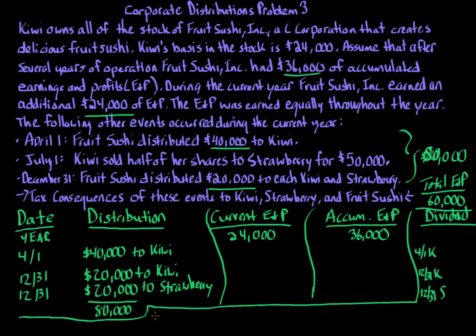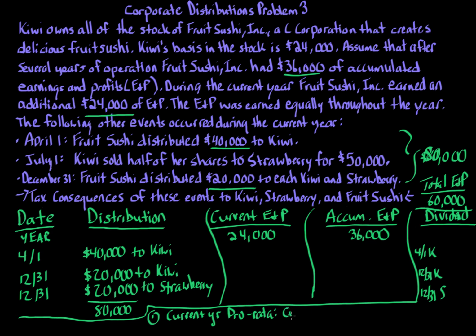If you remember, the first rule we talked about with respect to the E&P was the current year E&P pro rata. I'm going to show you exactly how we do it. Basically, we don't look at first in, first out, or last in, first out. We just take the amount of current year E&P.